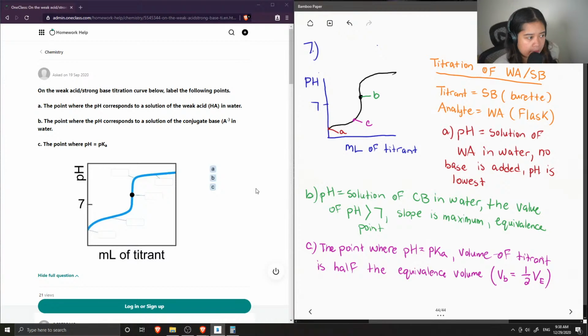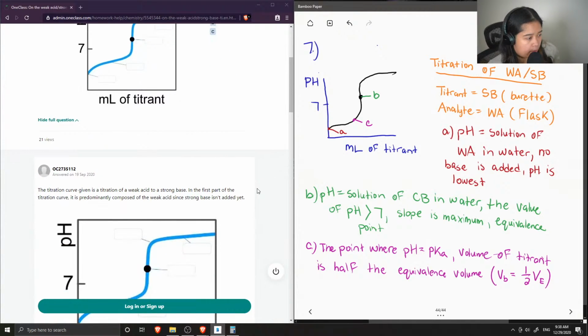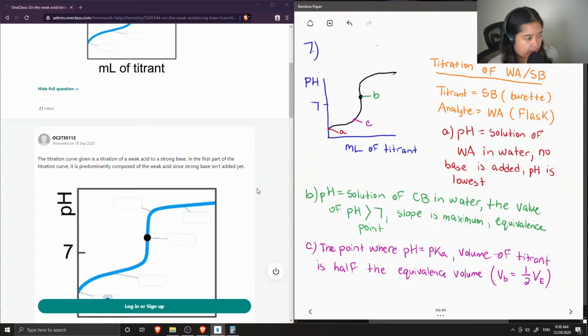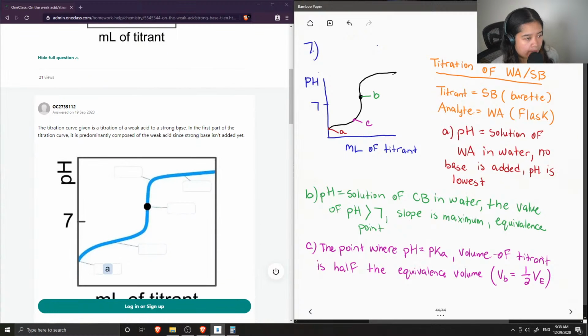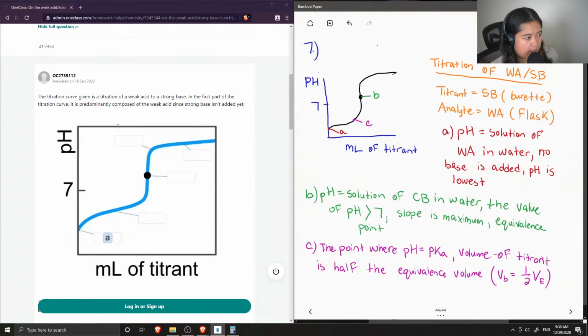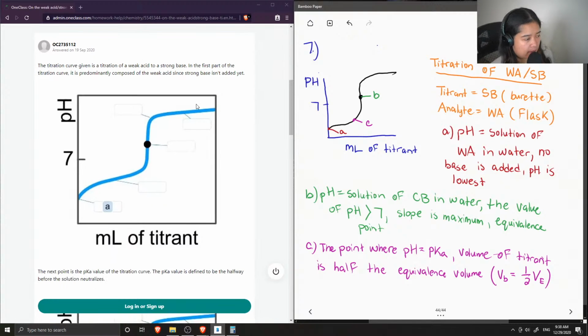Okay, so let's see what the junior tutor said. The titration curve given is a titration of a weak acid with a strong base. In the first part of the titration curve, it is predominantly composed of the weak acid since strong base isn't added yet.